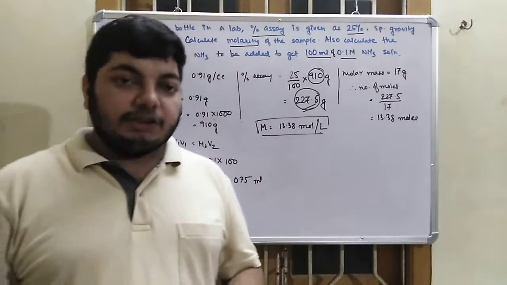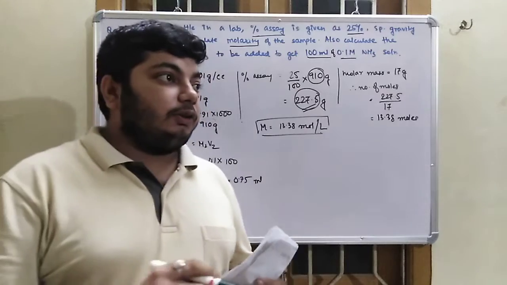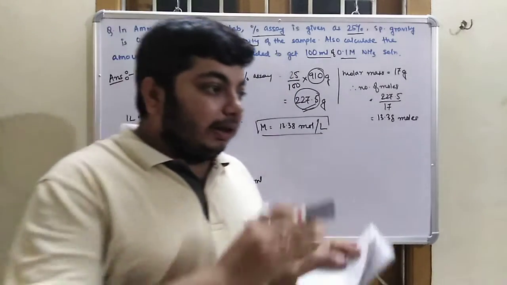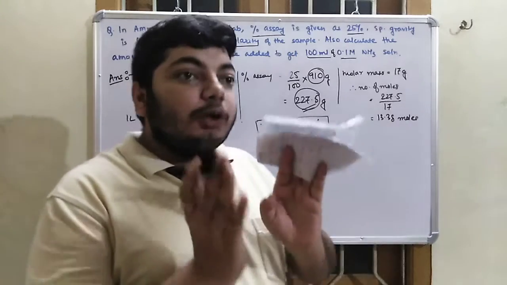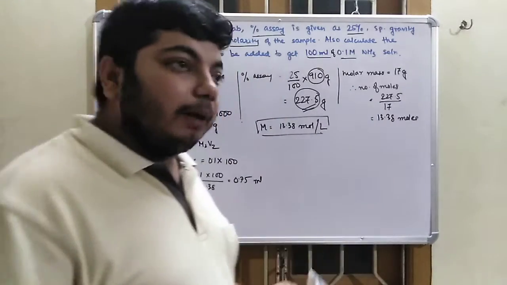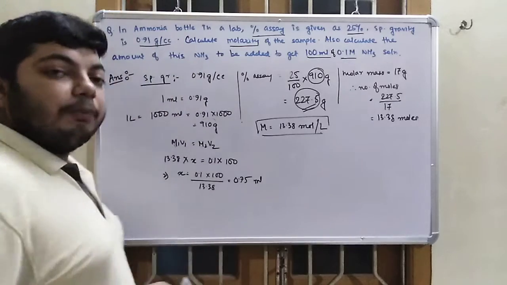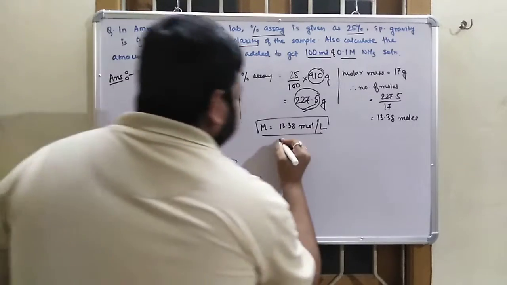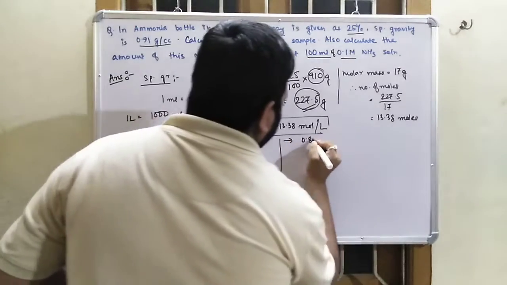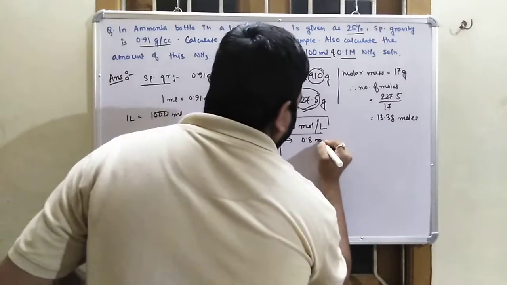But you see, there may be some problem that the equipment that we are using for measuring the volume may not have any graduation between 0.7 to 0.8. So there may be a problem for calculating 0.75 ml. In such cases, we will take 0.8 ml.